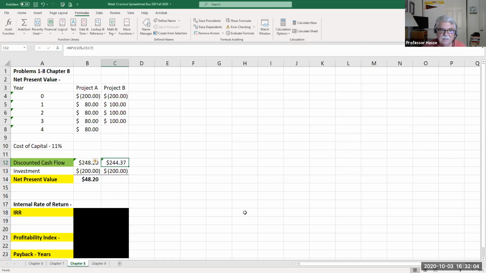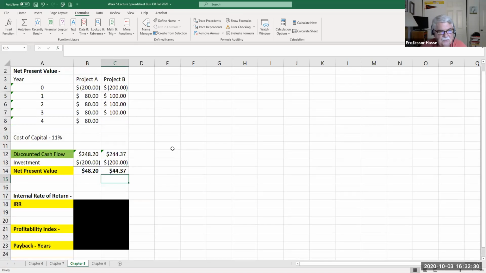I hit that, 244.37. So the net present value is the difference between the two, $44.37. So looking at the net present value in dollars, Project A is returning us a little bit higher return in dollars than Project B. My God, I'm yawning here.